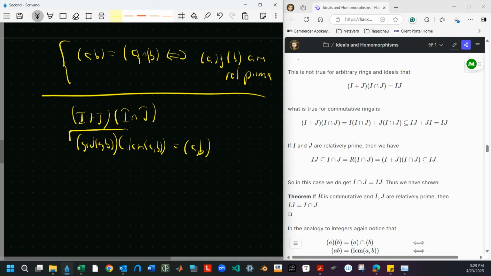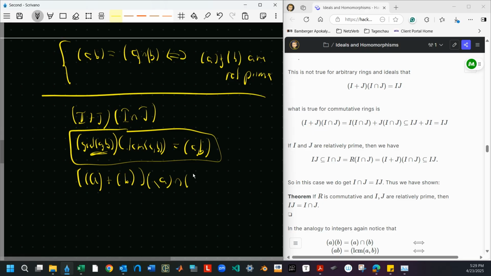In the integers, it's true that if I look at the ideal generated by A plus the ideal generated by B, and the ideal generated by A intersect the ideal generated by B, I get the ideal generated by AB. Again, that's just using number theory.